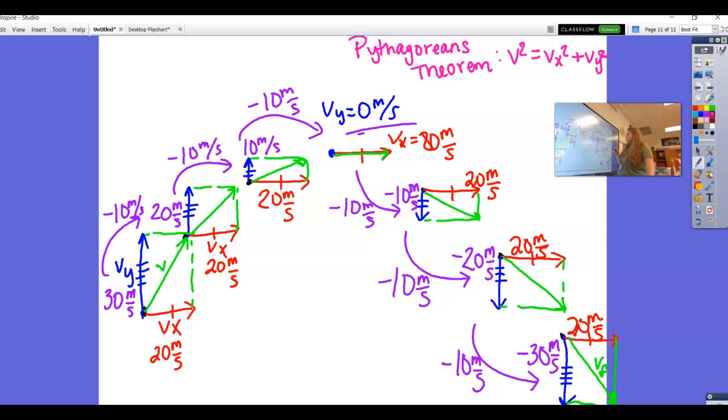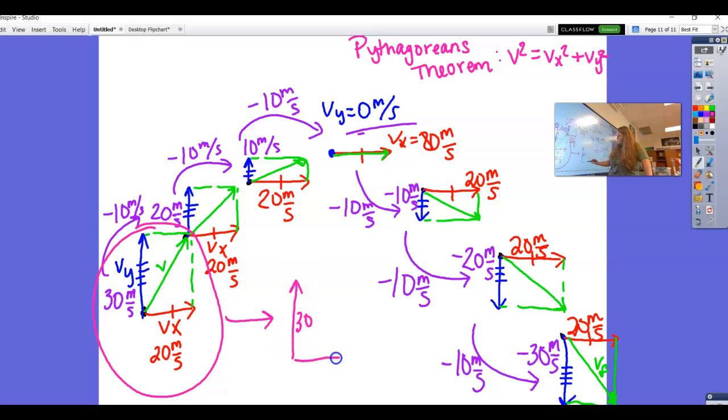Okay? So let's just look at this guy right here. I want to know my overall initial velocity. Well, I have 30 this way, 20 this way, and I am trying to find my overall velocity V. So I'm going to say V squared equals 30 squared plus 20 squared.